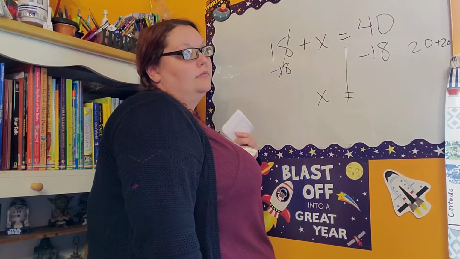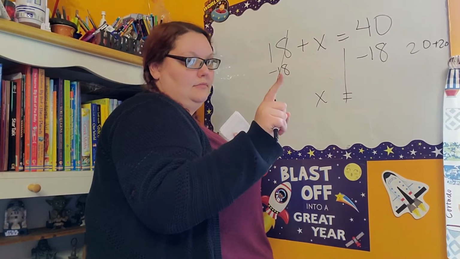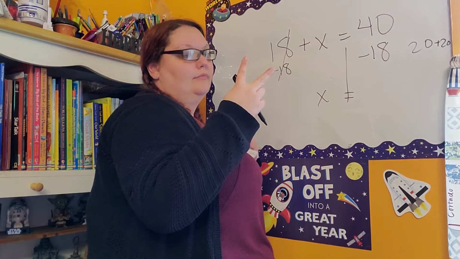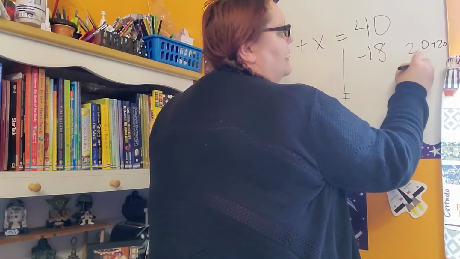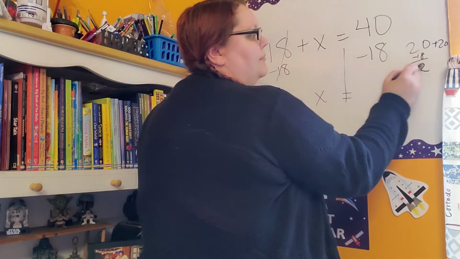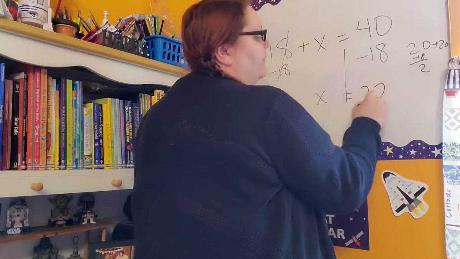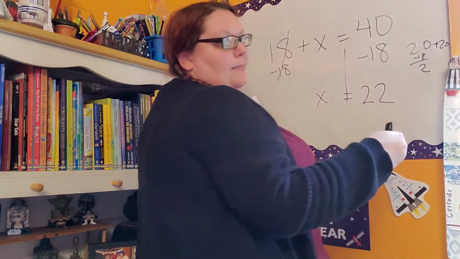So let's count up. 18, 19, 20. So how many are we going to have? Oh, 2. All right. So if we do 20 minus 18 here, we're going to have 2. And then our thing is 20 plus 2. And what is that? 22.